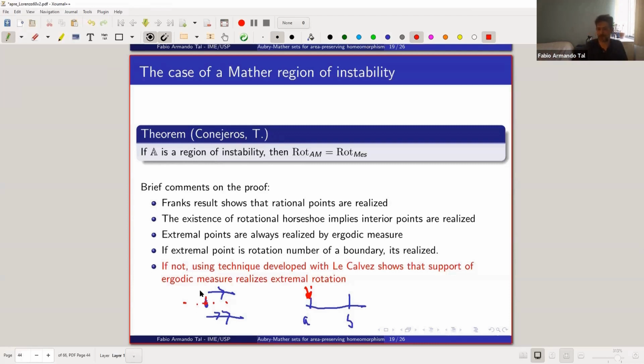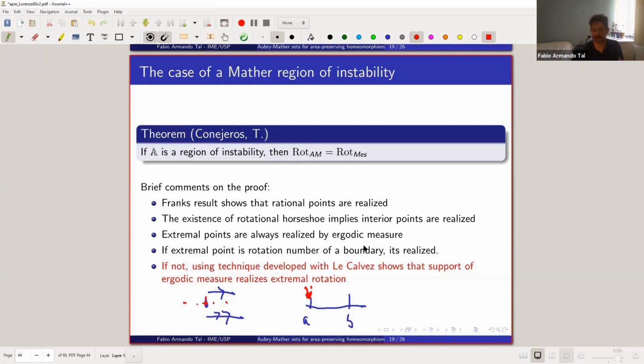I don't want to go into too much technicality here, but it just says that you can show that if the extremal point, which is the difficult case, was realized by an ergodic measure, then the whole support of the ergodic measure needs to move with the same speed because it cannot move more to the right or more to the left. So you're saying that in the end, the support of the ergodic measure is going to be your Aubry-Mather set.